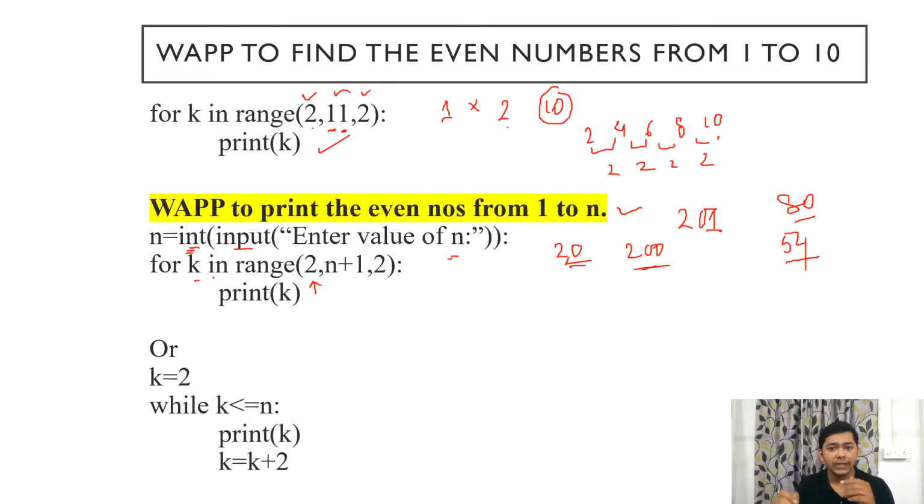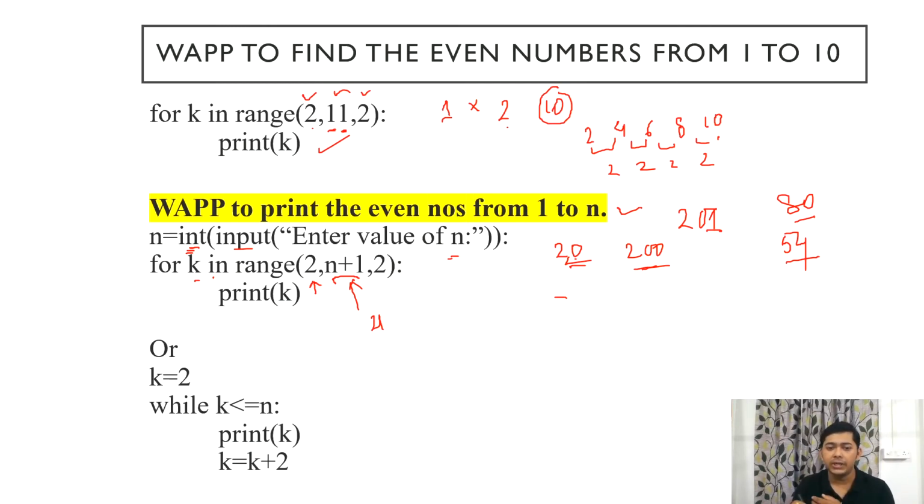As we do not know the type of value, that is whether n is even or odd, we have to take one more than n. That's why I have added here n plus 1. So if I give 20, it will be 20 plus 1, so 21. Fine, we can go easily up to 20.